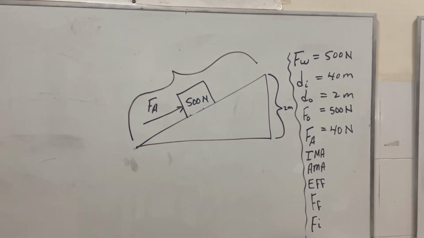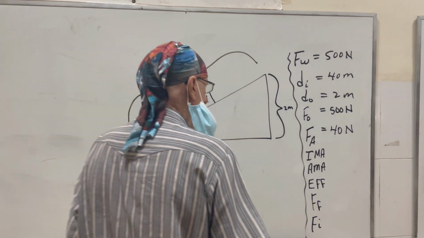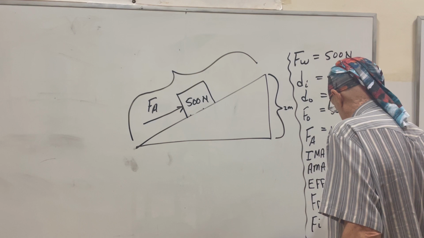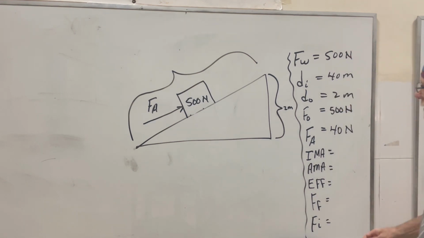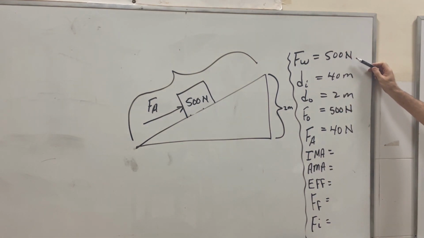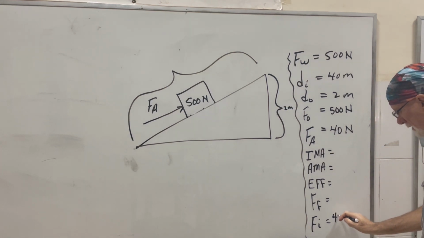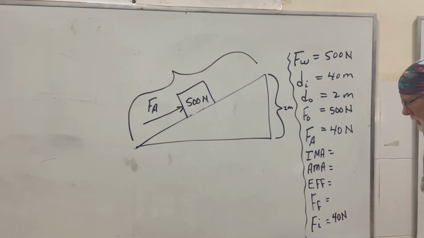Perfect. Okay, so what can we say here? Can we fill any of this in? Yes, so the weight is going to be the FO. The FA is going to be the FI, correct? So what would the ideal mechanical advantage be? Anybody? What's the ideal mechanical advantage?